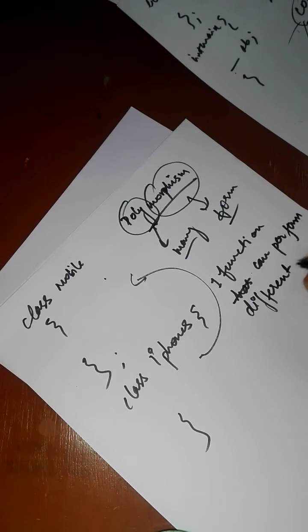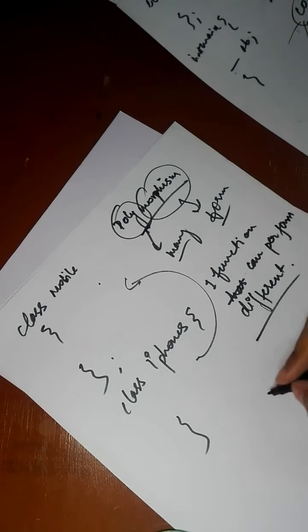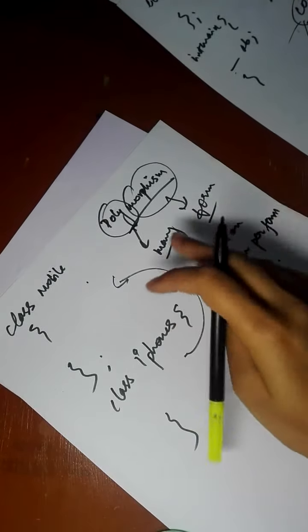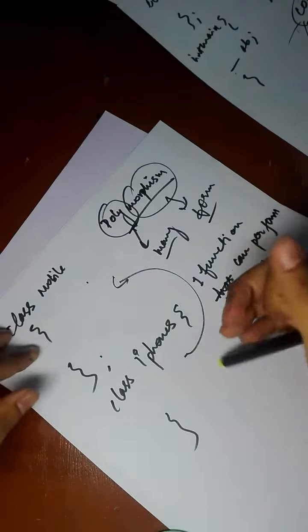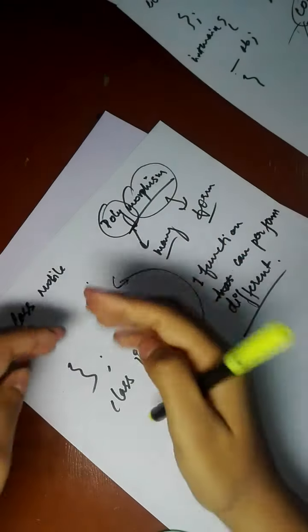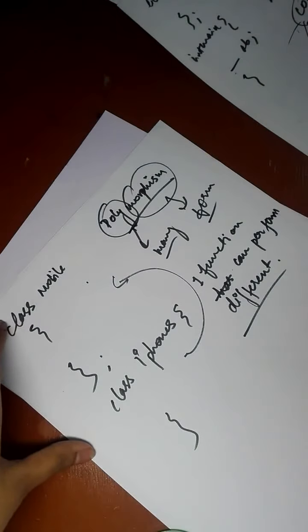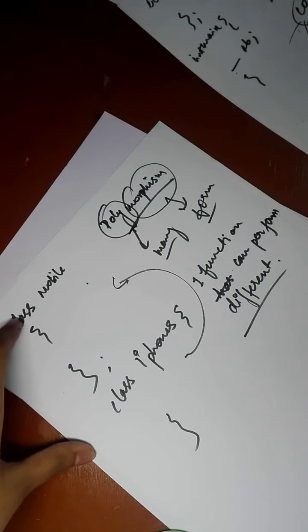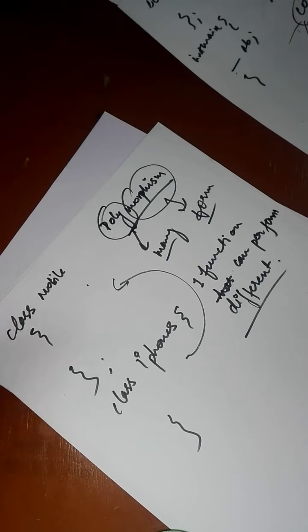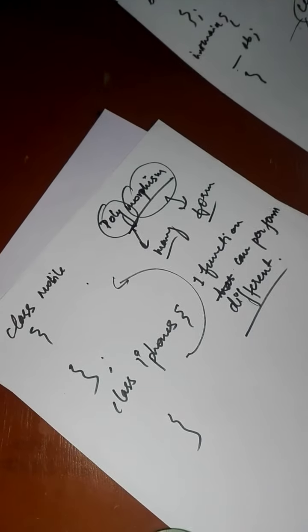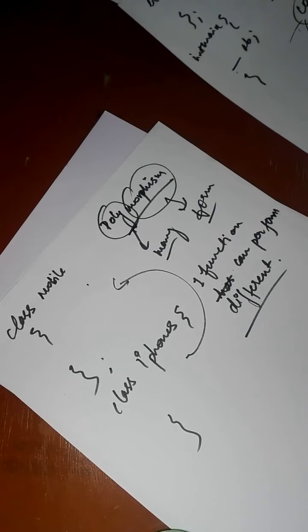All right, a real-time example: you are the same person, but you're different when you're in class, you're different when you're in a bus, you're different when you're at home, you're different when you go out. But it's the same person, right? So that is called polymorphism.